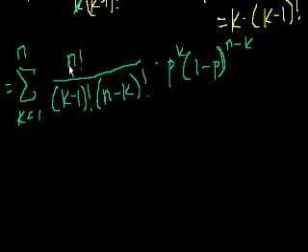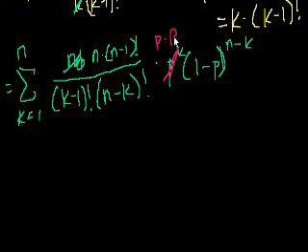So we could rewrite n factorial using the same trick up here. N factorial can be rewritten as n times n minus 1 factorial, right? By the same logic. And then p to the k could be rewritten as p times p to the k minus 1, right?